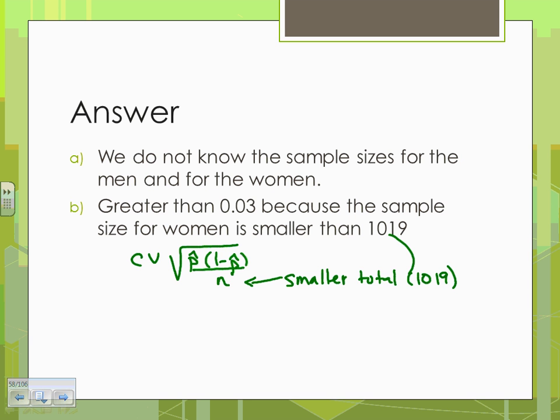So if n is smaller, then what's going to happen? If I decrease my n, I'm going to get a bigger margin of error, because I'm dividing by a smaller number, basically.